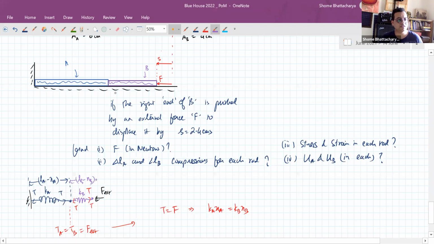Which in this diagram you can see is like this. So if you also compare this with the earlier diagram, you can see that Xa plus Xb, or basically delta La plus delta Lb, is that displacement S.